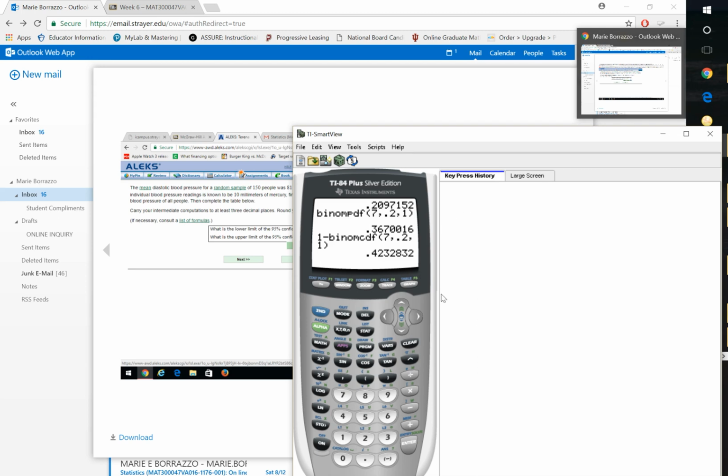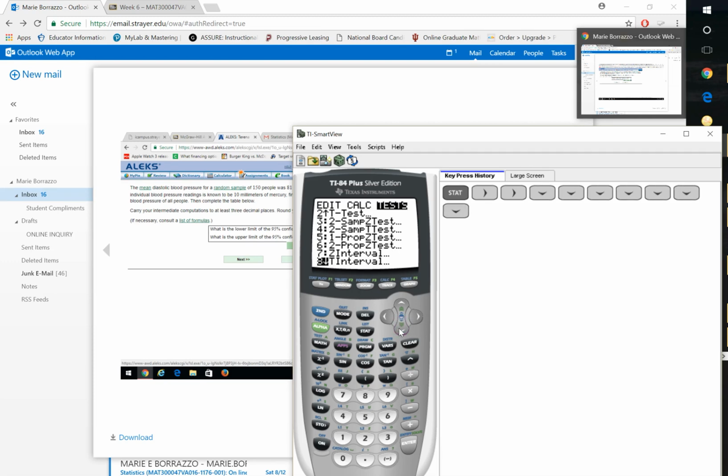If you were to use a calculator like this, you can actually run several of these tests. So if you notice, it says edit, calc, and test on top. So with the arrows, you would move over to test, and then simply drop down. There's where you see intervals, after the Z interval, T interval, and so on.